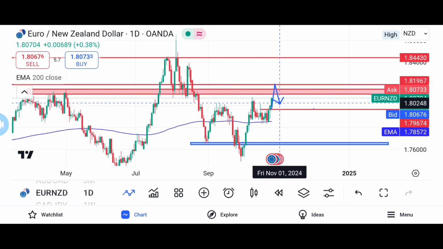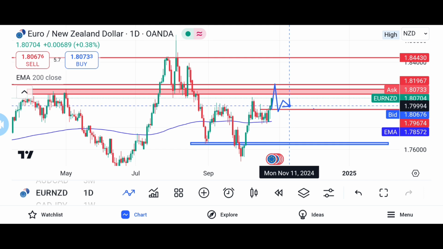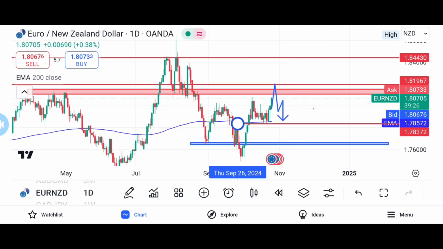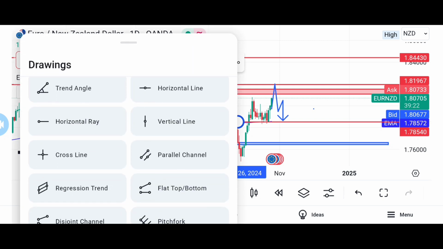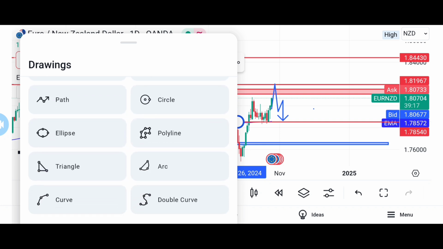I know it's wrong to predict the market, but I can see these two scenarios will play out. So the market will try to form a head and shoulder here, and the neck will be here. Once the neck is broken, we are guaranteed it will drop to form the left shoulder of the inverse head and shoulder.